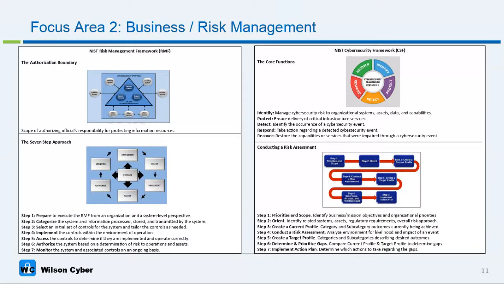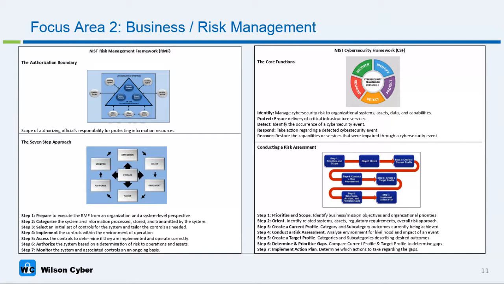And we're going to be using the 7 steps of the cybersecurity framework to conduct a risk assessment, which is step 1, prioritize and scope. Identify business mission objectives, organizational priorities. Step 2 is orient, identify related systems, assets, regulatory requirements, and overall risk approach. Step 3 is to create a current profile, category and subcategory outcomes currently being achieved.